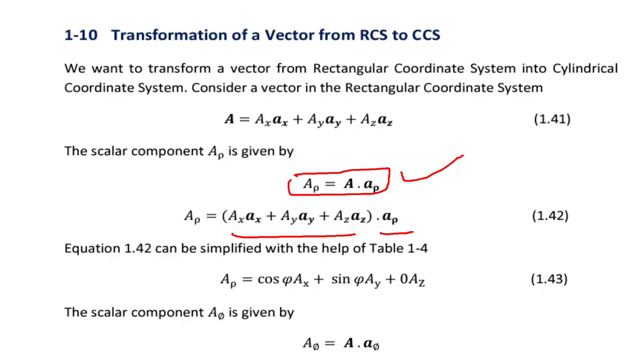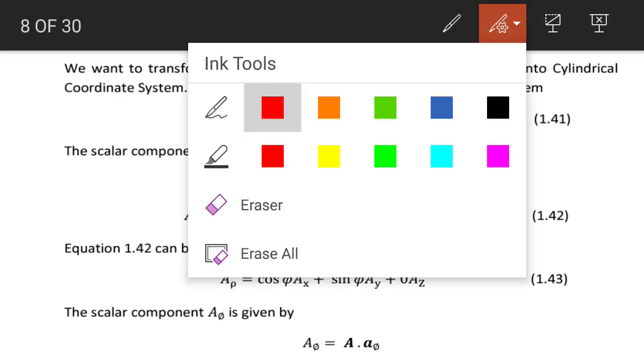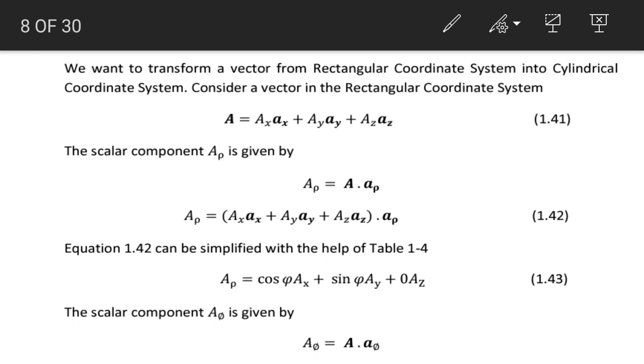So we simplify this particular equation with the help of table number 1.4.